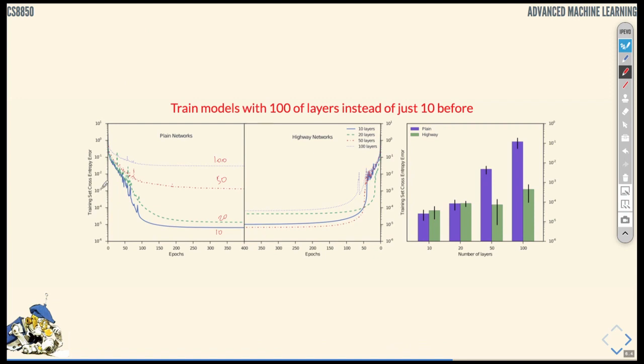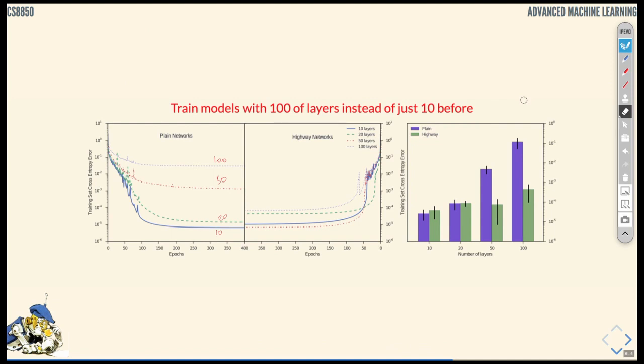Training cross entropy error. For highway networks, the situation is slightly different. Although the overall performance is worse than the 10-layer neural network trained traditionally, the performance of deep networks doesn't deteriorate as badly. So that was very hopeful.